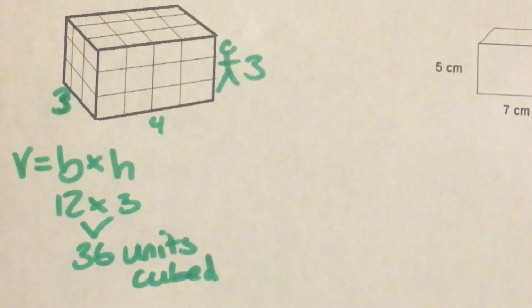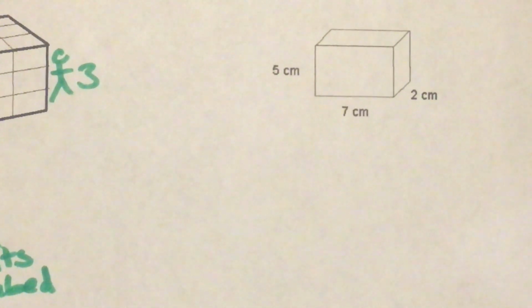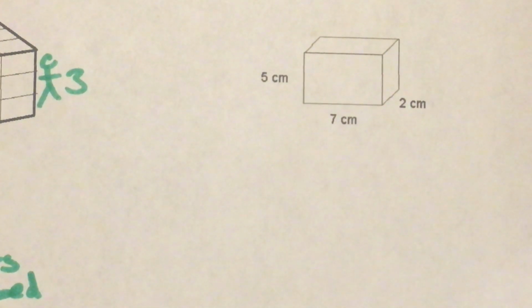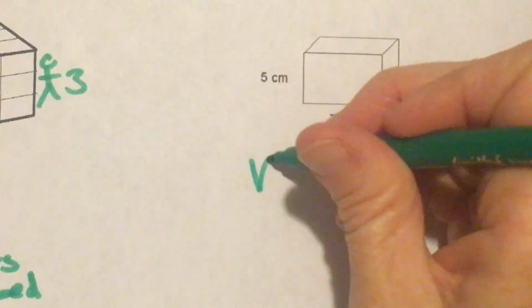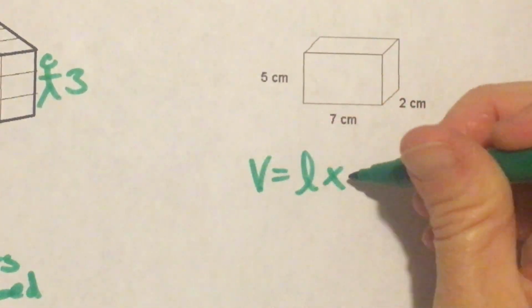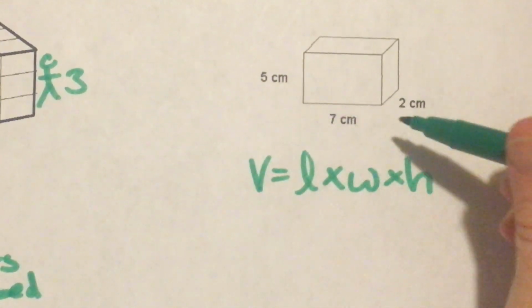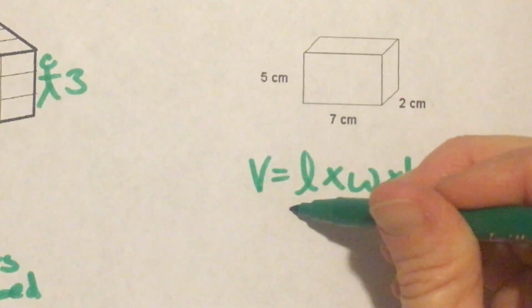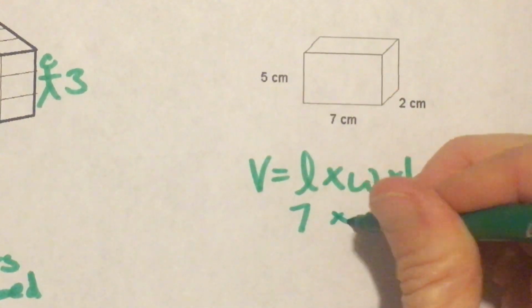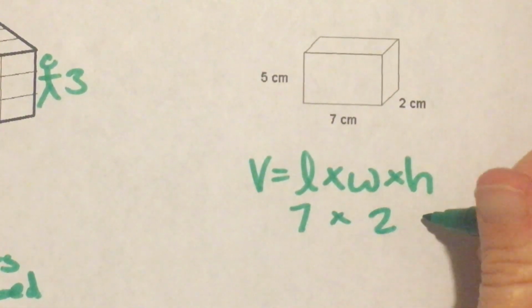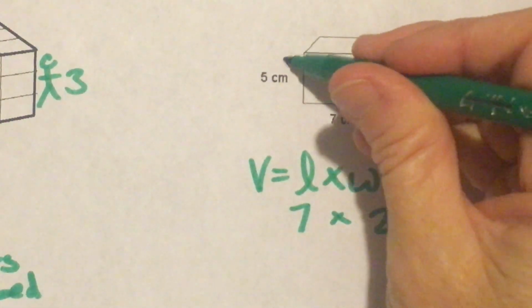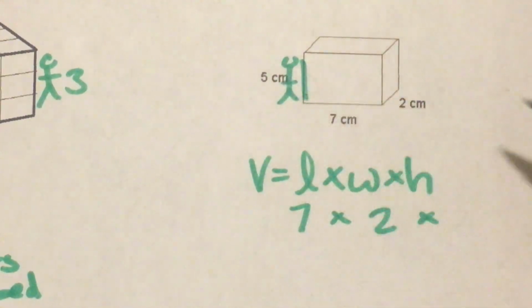Okay, let's try another one. For this one, we're going to actually use our other formula. Let's try that one. So our other formula is volume equals length times width times height. Okay, so my second step is fill it in. Here my length is 7. My width is 2. And my height is my straight up-down number, which is 5.